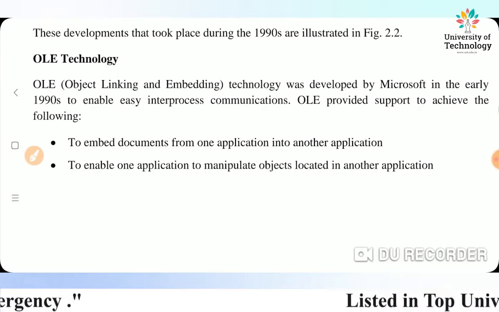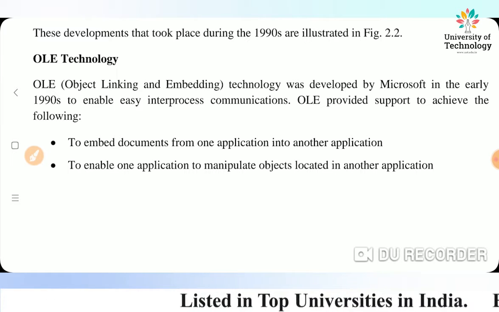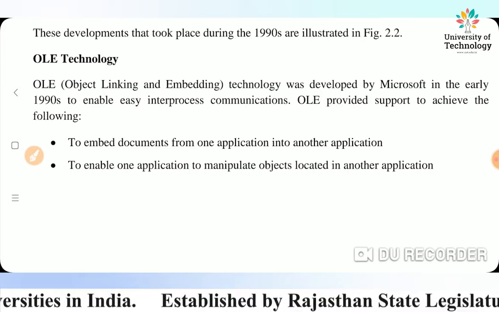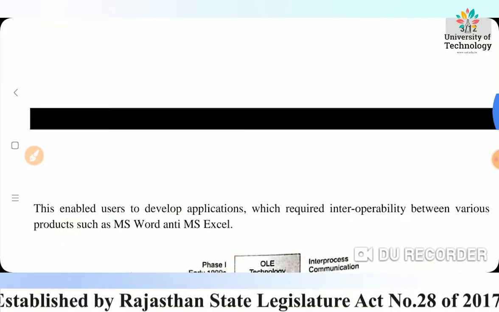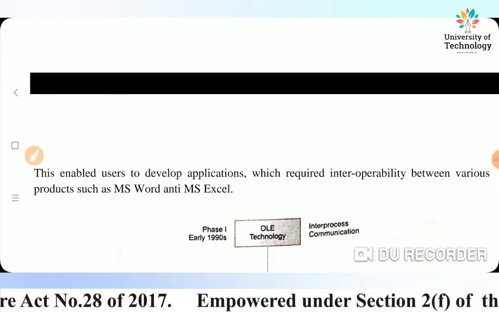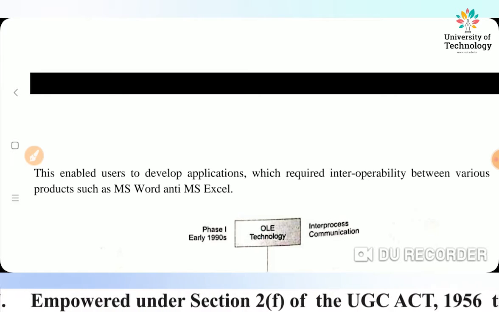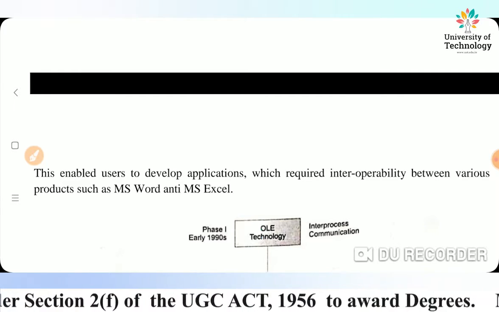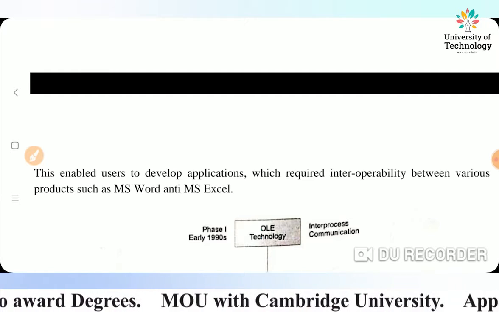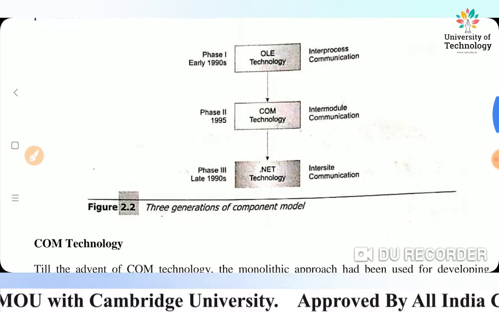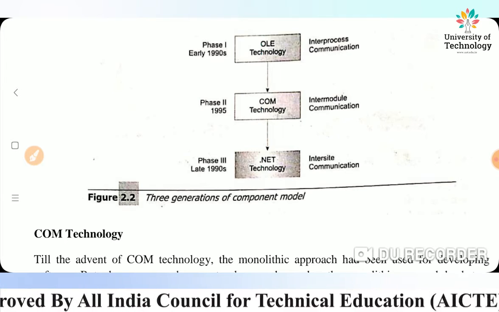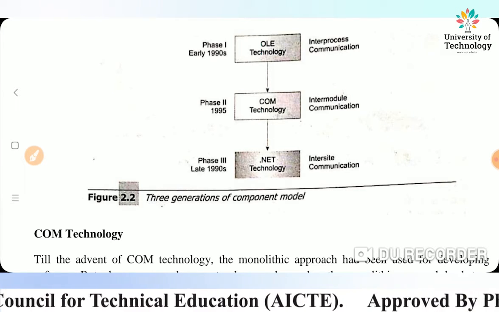First, to embed documents from one application into another application, to enable one application to manipulate objects located in another application. This enabled users to develop applications which required interoperability between various products such as MS Word and MS Excel.